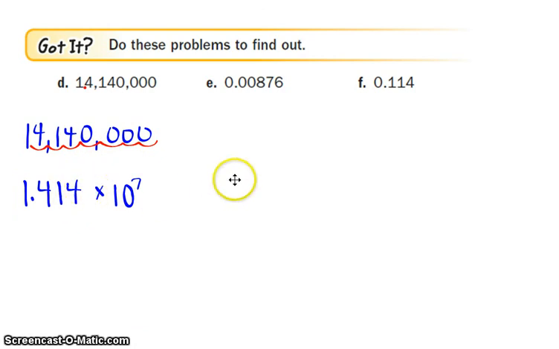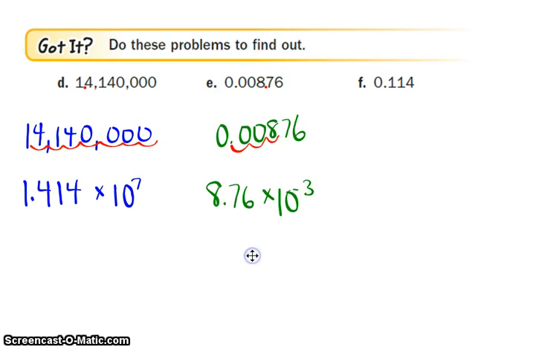They're not important, okay? Alright, here our decimal point has to go right after the 8 so that we have a single digit. So how many places do we have to move it? 1, 2, 3. But we had to move it back the other way. It's a very small number, so we're going to have a negative exponent. We moved it 3 places, but we moved it to the right, so we have to move it a -3 spaces.